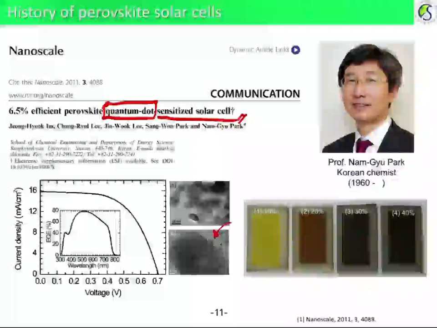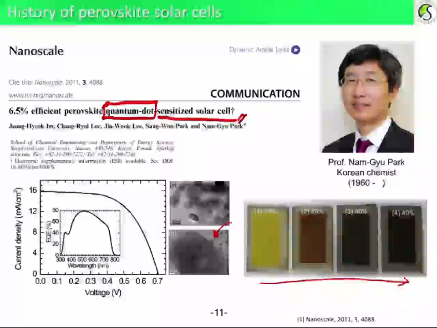And in this study, you can see that he increased the concentration of the solution used for fabrication of the perovskite on the surface of titanium dioxide. As you can see, the color of the perovskite sensitized film becomes much darker as the concentration of the solution increased.